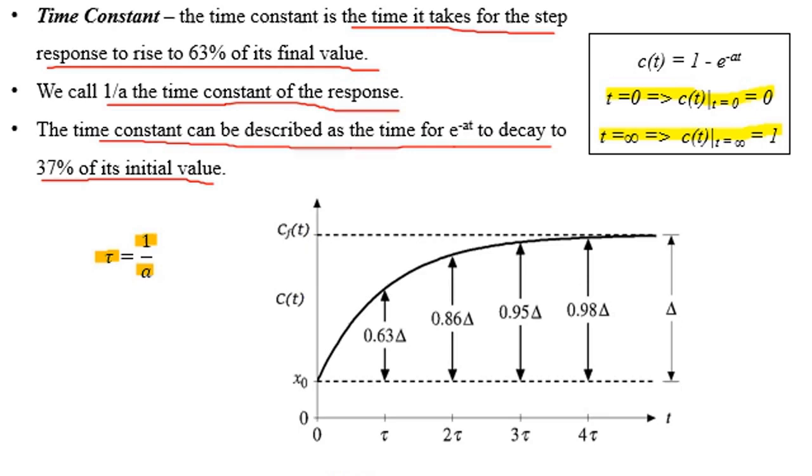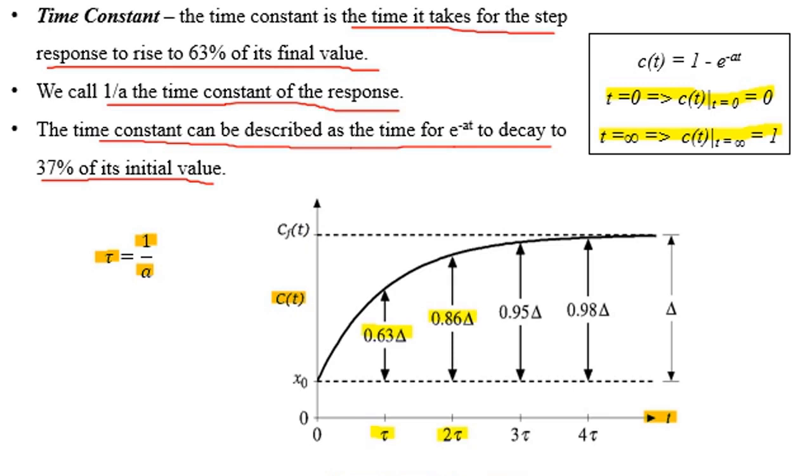Now if you look at the figure, which represents the step response of first order systems, the time axis is divided into time constants against the output of the system. After the time of one time constant, or 1 tau, output is equal to 63% of the final value.